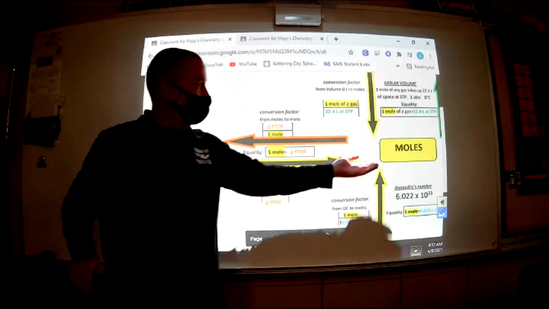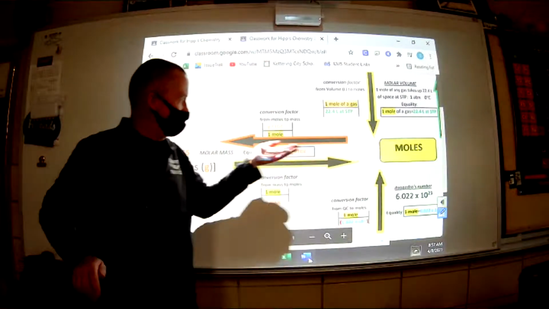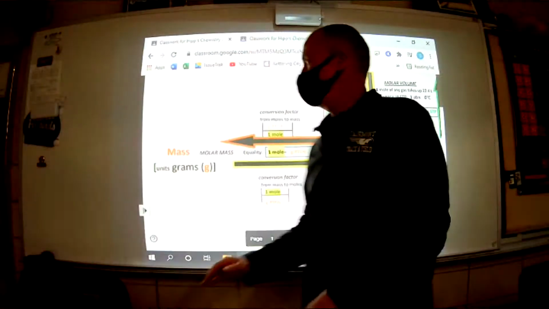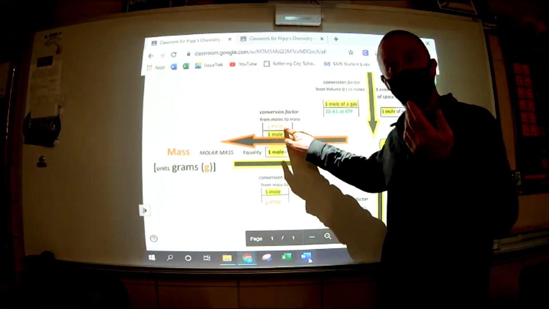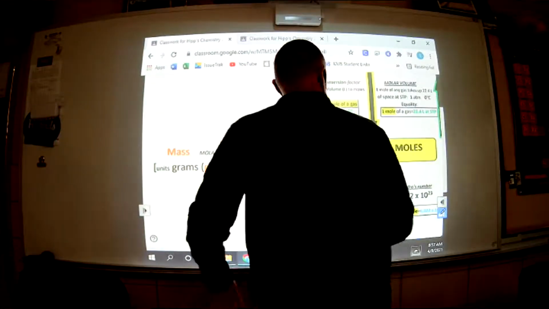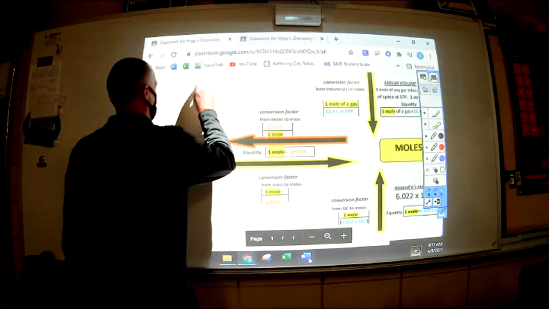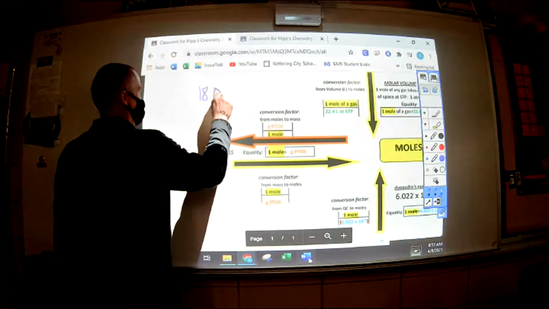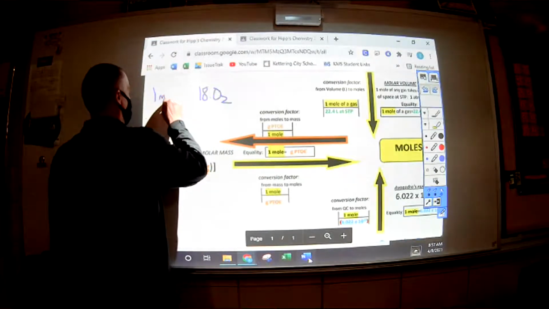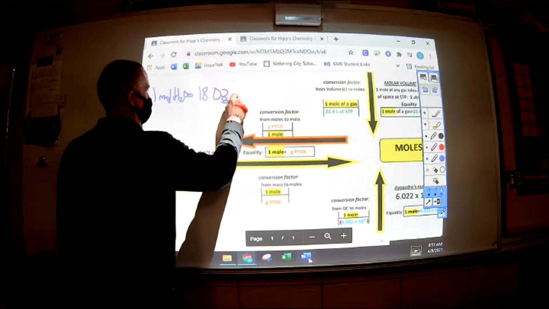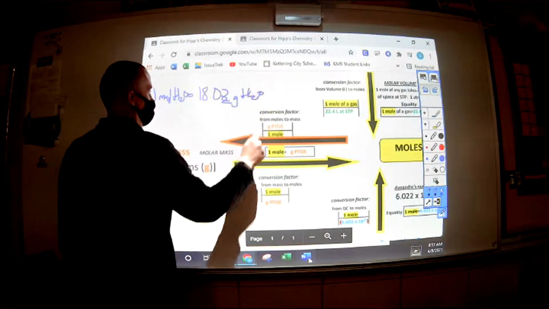If we know the number of moles we have and we want to find the mass, we're going to mass. The mass would be on top. We said water had a mass of what? 1 mole of water is around 18.02 grams. Our equality: 1 mole of H2O is 18.02 grams of H2O.